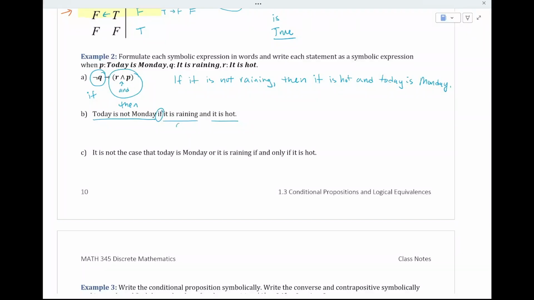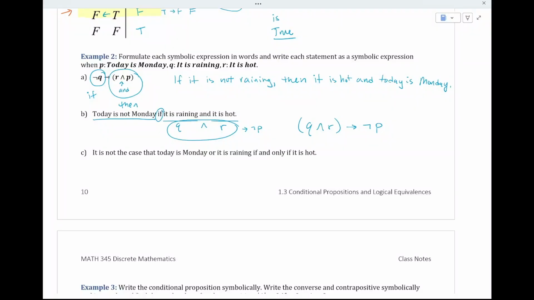It is raining, that's Q, and it is hot, that's R. But this is where the if is, so all of this implies today is not Monday, which is not P. So I'm going to rewrite this as Q and R implies not P. If it is raining and it is hot, then it is not Monday.